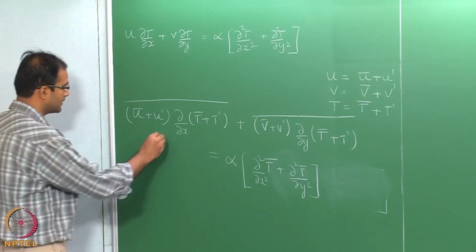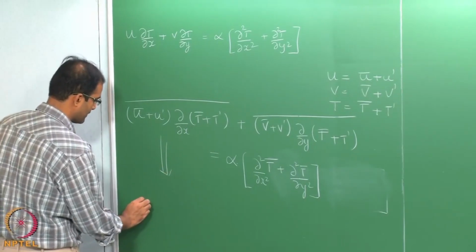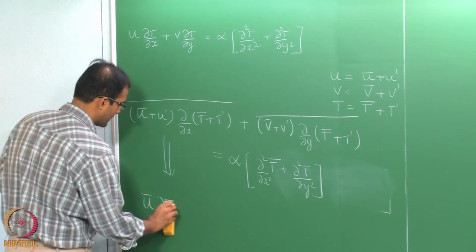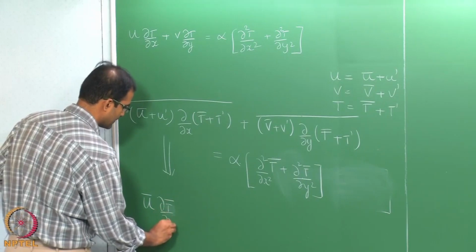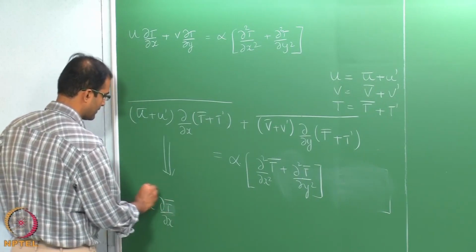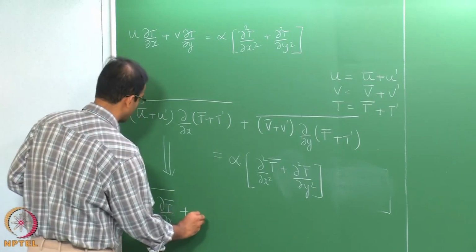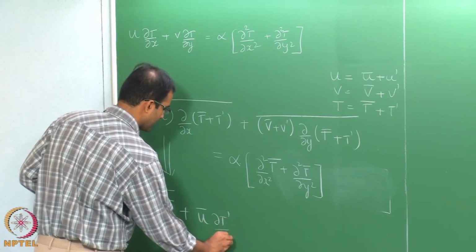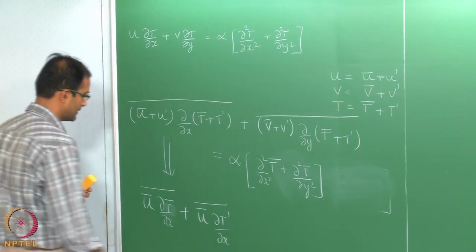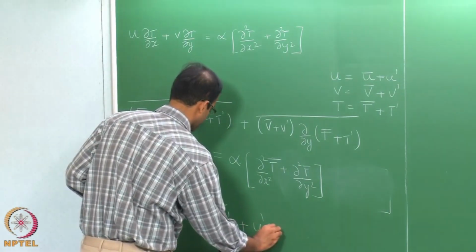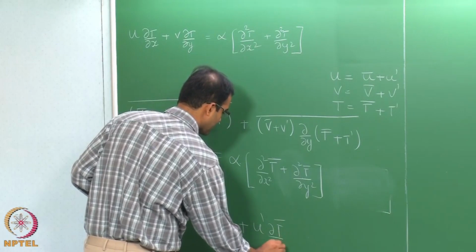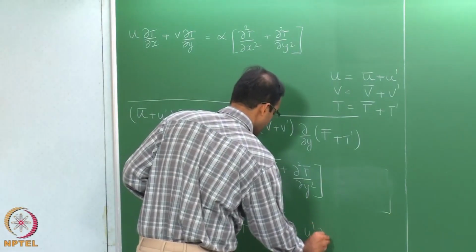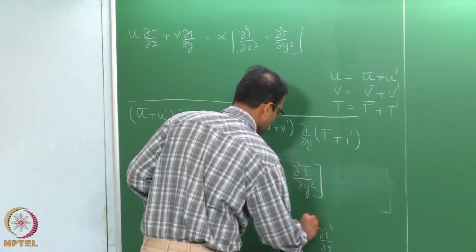For example, this can be written as u bar dT bar/dx averaged, plus u bar dT prime/dx average, plus u prime dT bar/dx average, plus u prime dT prime/dx average.